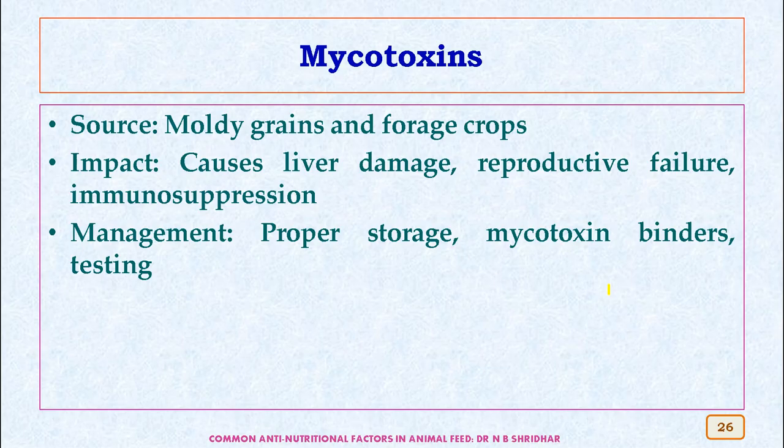Then another thing is proper storage. Improper storage means fodder or hay should be properly covered. About 99 to 100% of the moisture should be removed. Then some of our things are there to get examined.